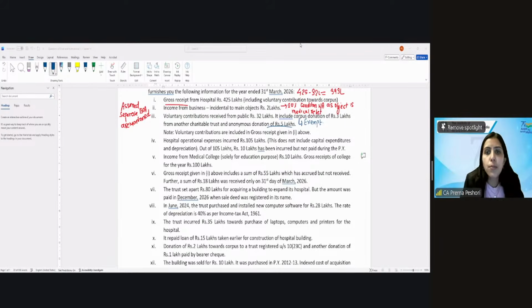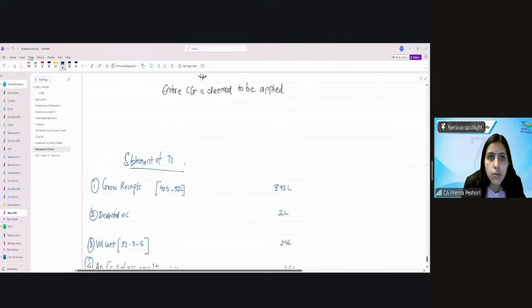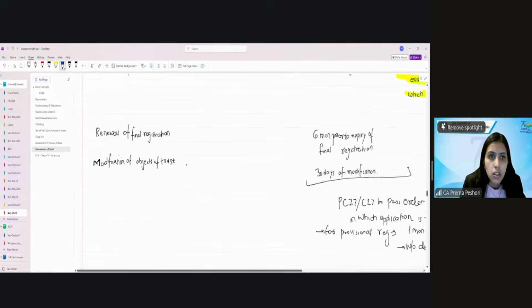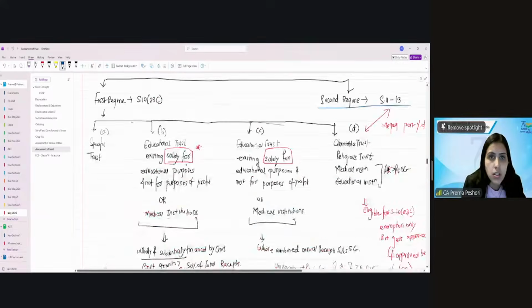What is the condition for the educational institution? It's not received in cash more than 10,000 TDS. No. See, if you recollect here, what had we discussed?